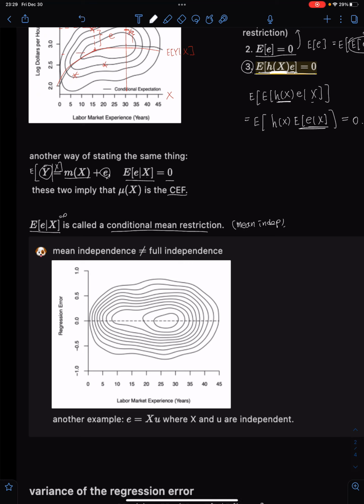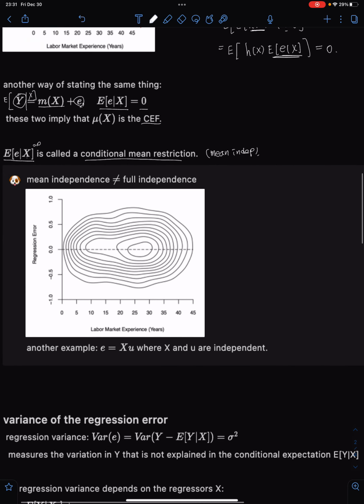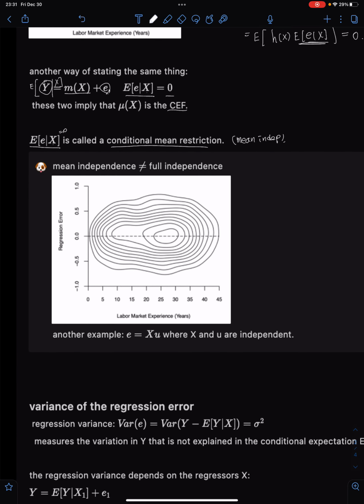It is saying that e and x are mean independent. There is something that we should be aware of, that is, mean independence between two random variables is not the same as full or statistical independence between two random variables.